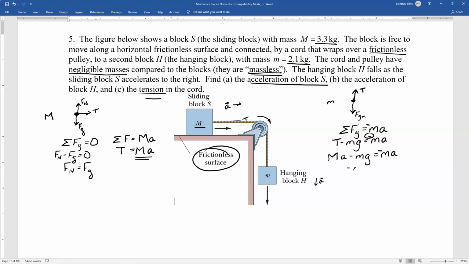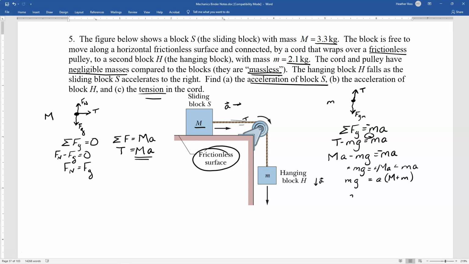So I'm going to have negative mg is equal to negative big MA minus little ma. So everything has a negative, which means I can cancel all of those negatives. So I have little mg is equal to, I can factor an a out, big M plus little m.